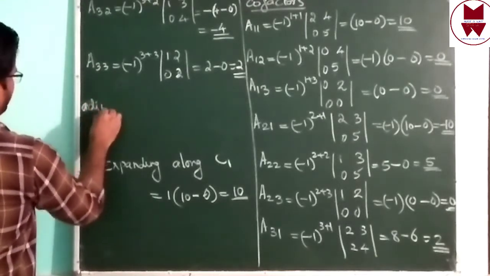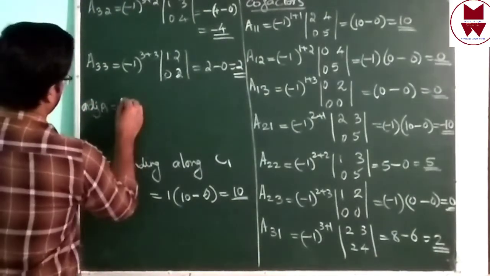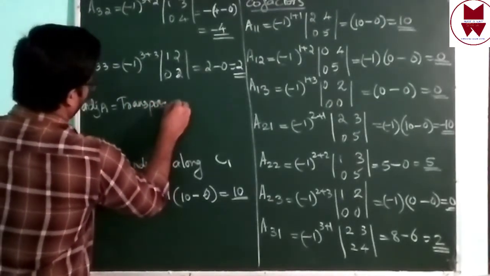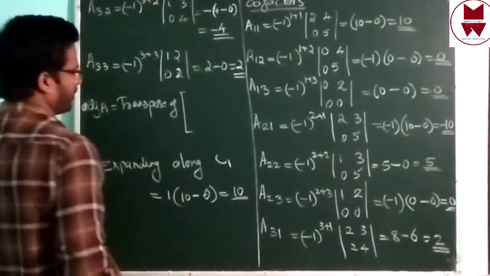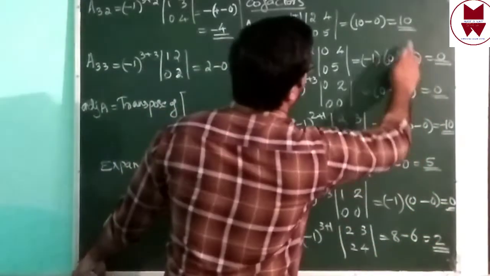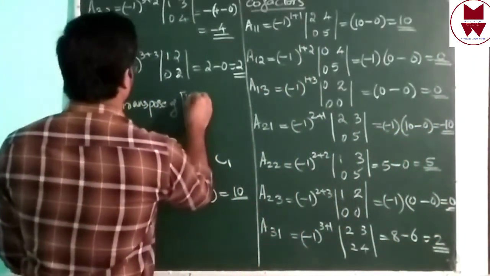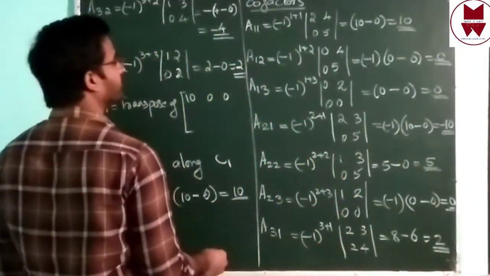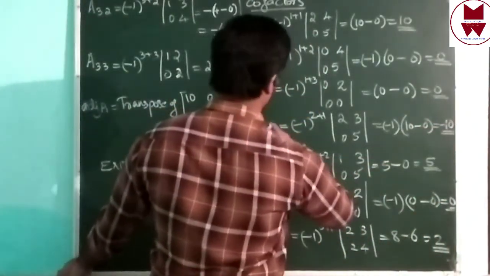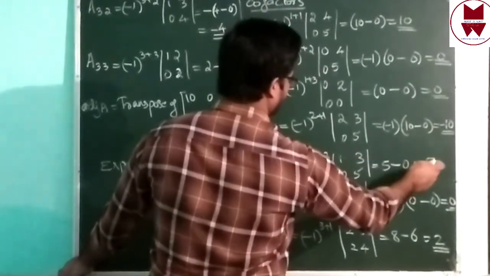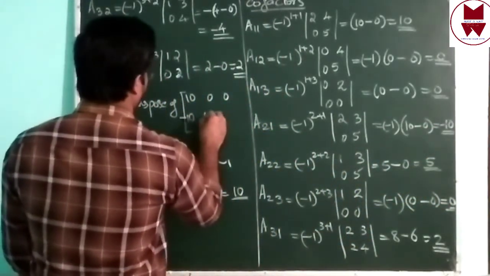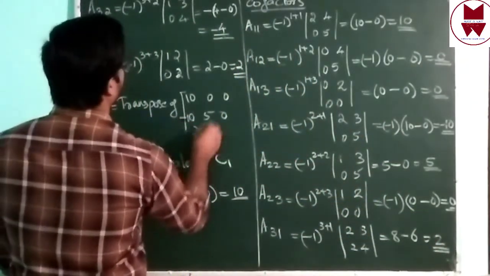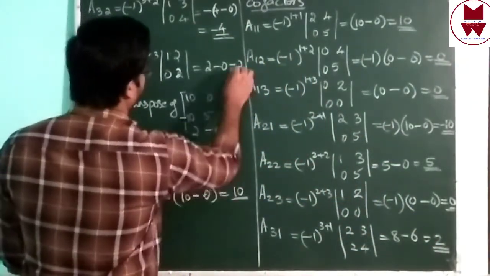So we can write adjoint of A equal to transpose of the cofactor matrix. You can write 10, 0, 0, then 10, 0, 0, then 5, 0, 2, A21, so 5, 0, then 2, 2, minus 4, 2.